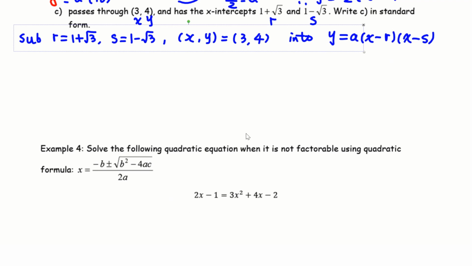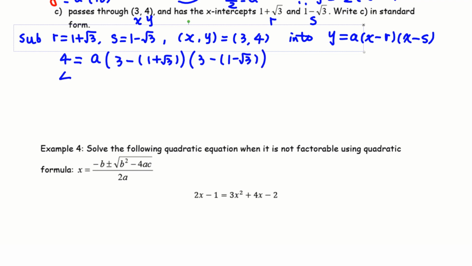So y is 4 equals a, which is unknown, times (x is 3, take away 1 plus square root 3), then x is 3 again, take away (1 minus square root 3).